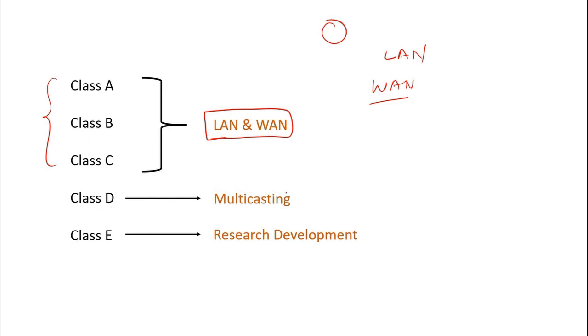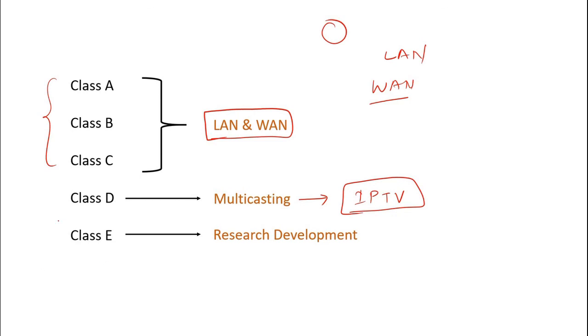Class D is used for multicasting. Multicasting is normally used in IPTV, and there are some other features for multicasting purposes. Netflix or video streaming devices also use multicast IP addresses, because there are a lot of subscribers watching the same stream. That's why they use multicasting.